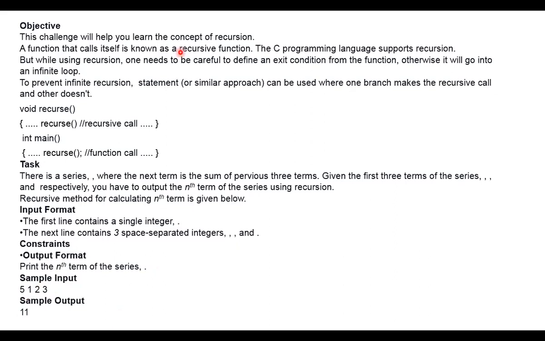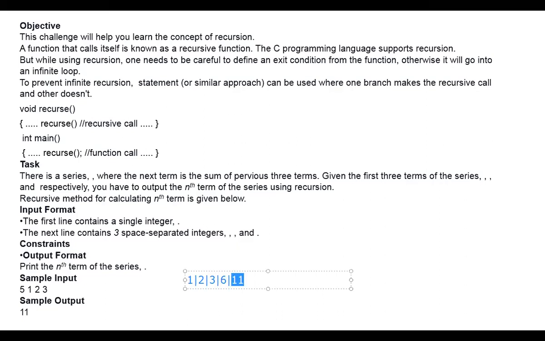Okay, so here in this case, if I talk about it like this, the first term is 1, the second term is 2, the third term is 3, and the fourth term will be the previous three terms' addition, 3 plus 2 plus 1, that is 6, and the fifth term will be the previous three terms' addition. So 6 plus 3 plus 2, that will be 11.